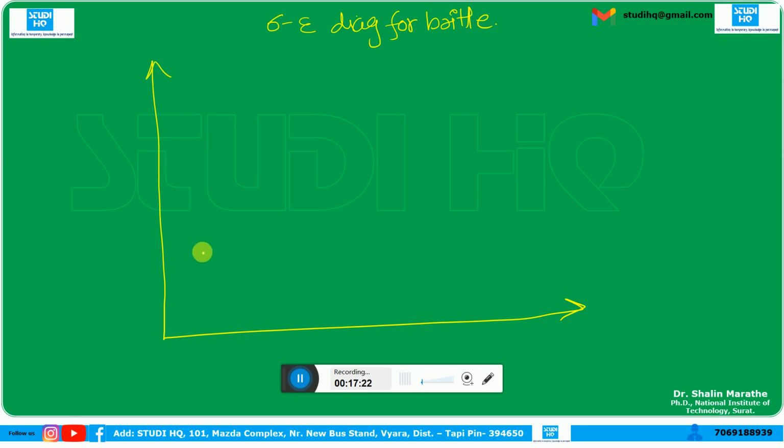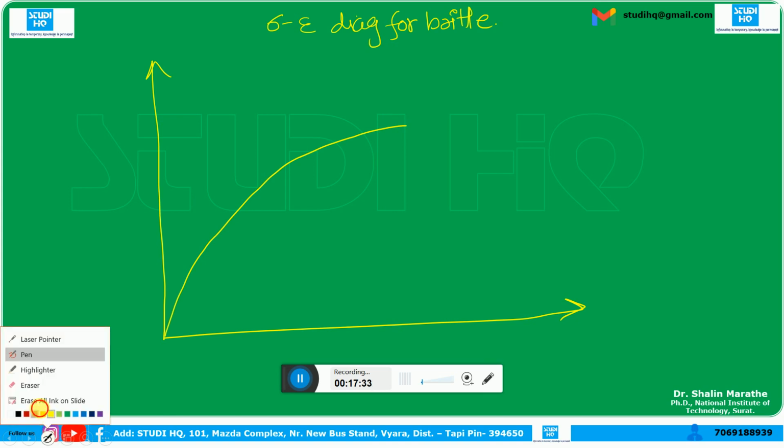This is the nature of the graph for the brittle material. Okay, here engineering strain, here engineering stress. Okay, so this will be the UTS of the brittle material.